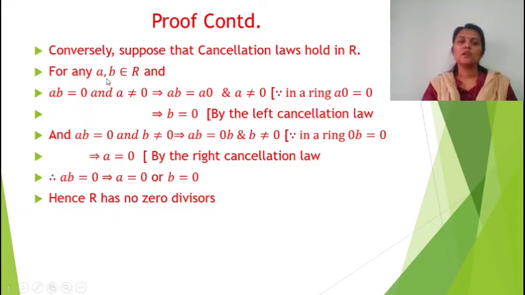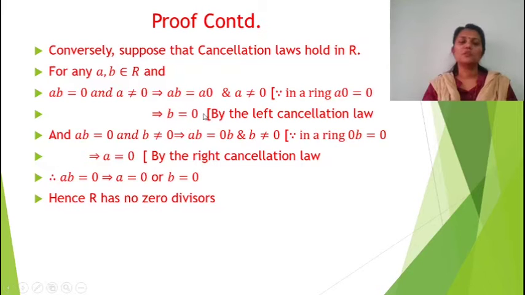For any a, b elements of R, ab equal to 0 and a not equal to 0 implies ab equal to a into 0 and a not equal to 0, since in a ring a into 0 is equal to 0, which implies b equal to 0 by the left cancellation law, as we have assumed that the cancellation laws hold.